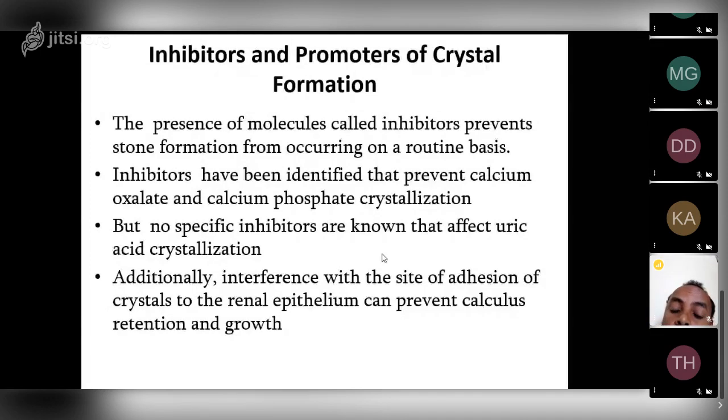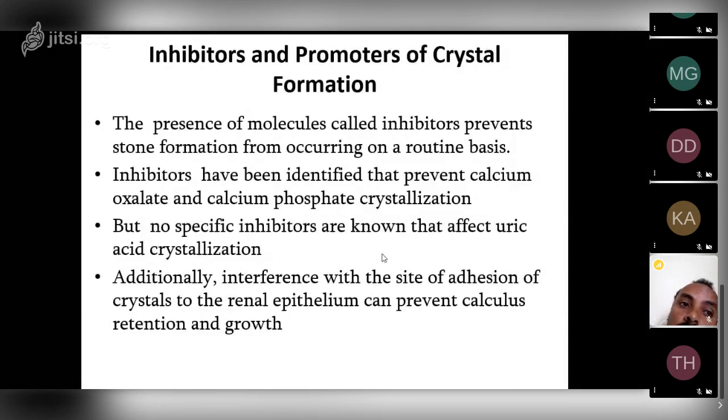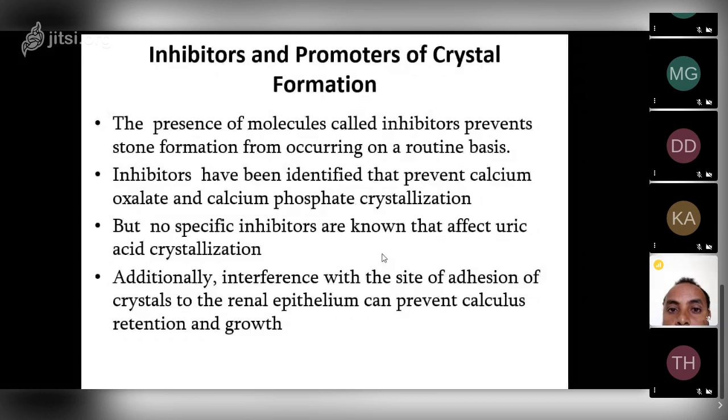Opposite to that, inhibitors prevent the formation of stone. So the presence of molecules called inhibitors prevents stone from occurring on a routine basis. That is why this helps to not form renal stones in everybody.